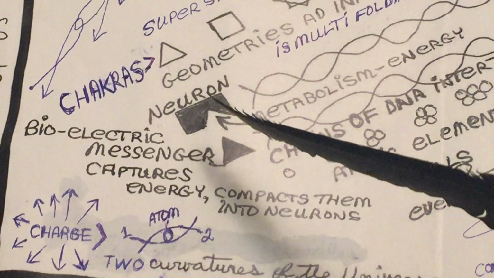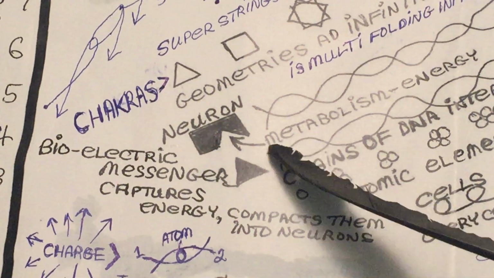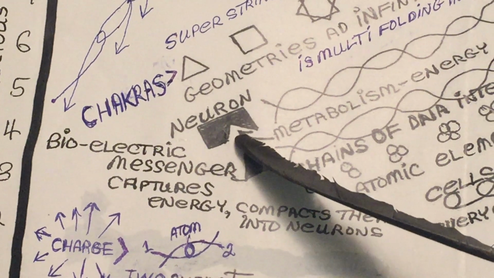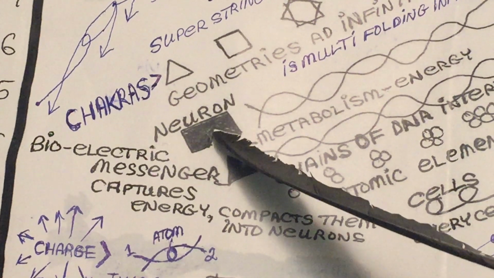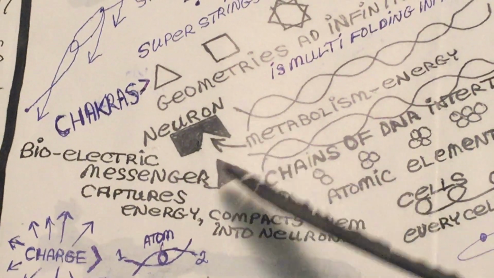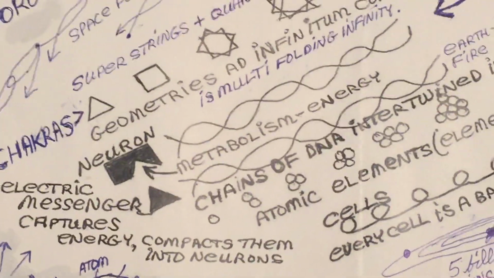Okay, so the energies are all placed into little units or pockets of information and fed into the neurons, and the neurons grow from there.